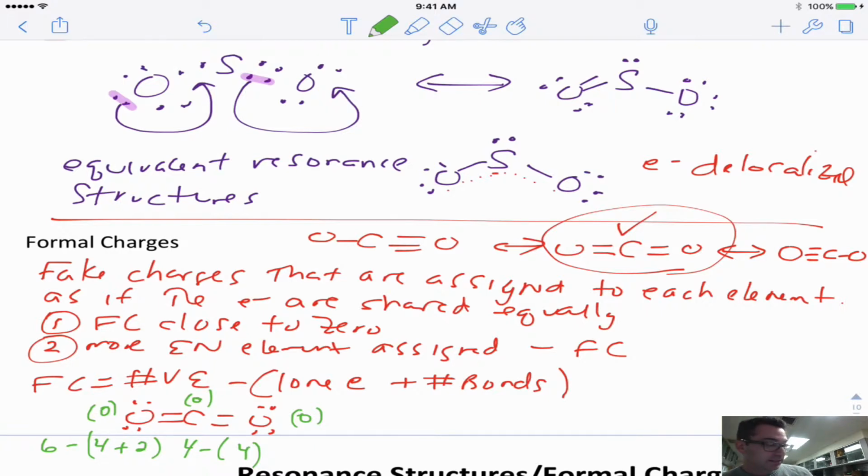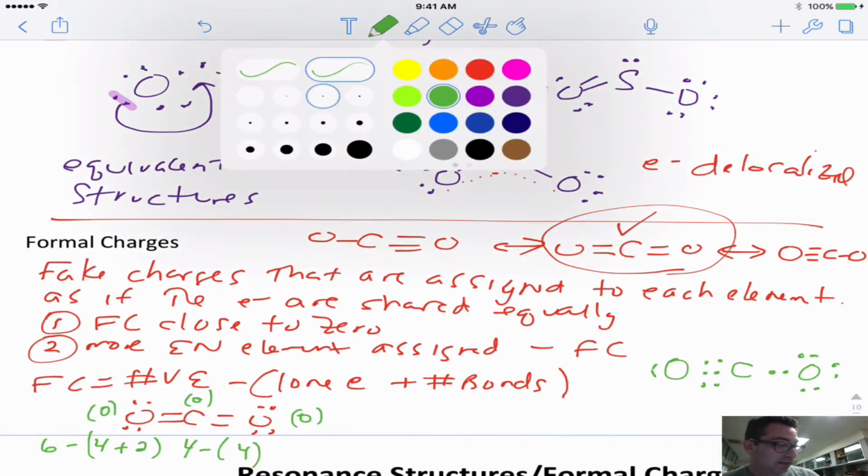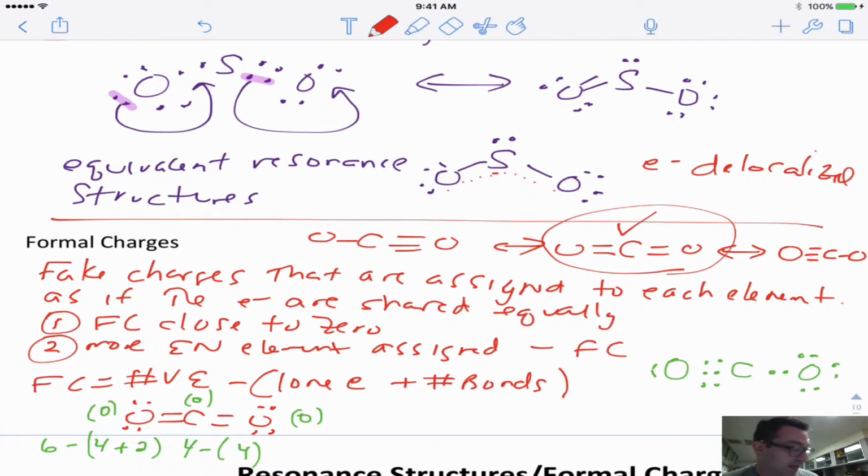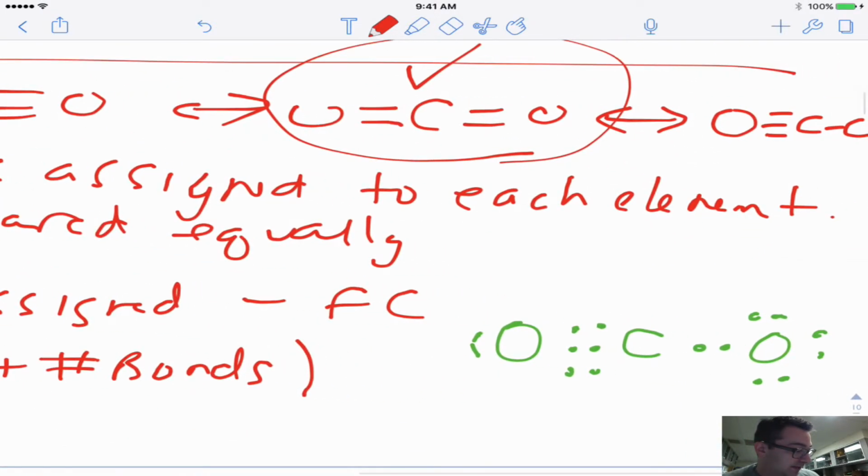If we tie this into the coordinate covalent bonds that we saw before, and look at our oxygen with a triple bond, it would look like this. If we draw in the dots, with a triple bond, and draw the oxygen in red, the oxygen's electrons would be 1, 2, 3, 4, 5, 6.